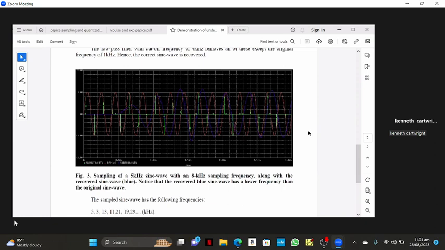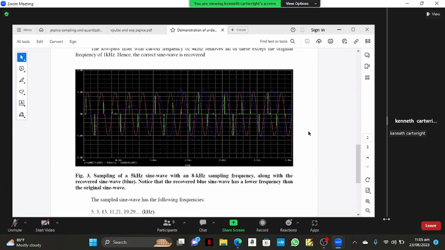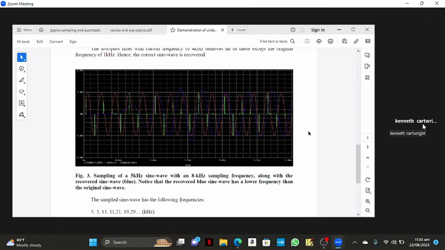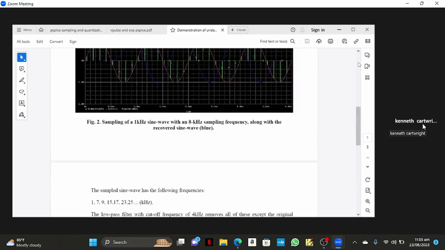It will be called an alias of the original signal, and that alias is usually FS minus FM. If you sample at the correct frequency, your retrieved sine wave will be at the same frequency as your original. That's the moral of the story. Are we clear on that? Any questions?